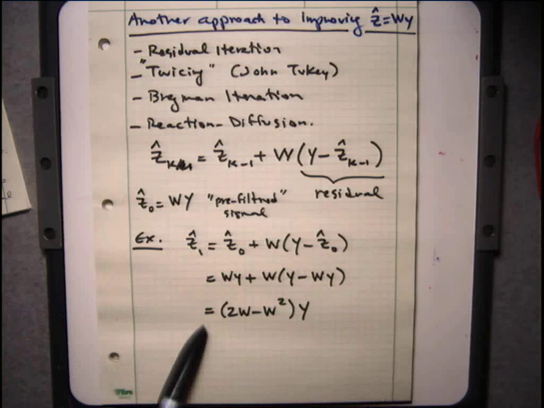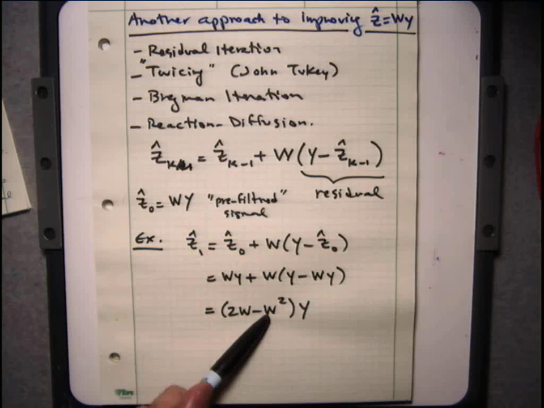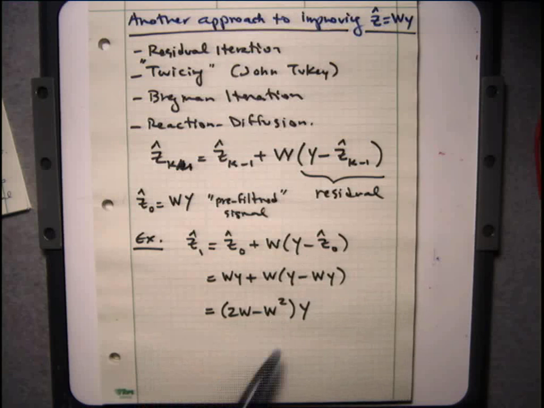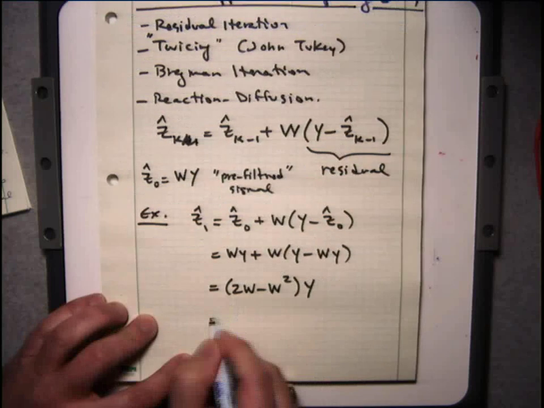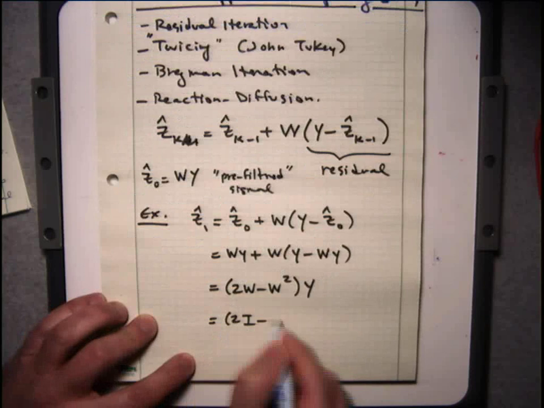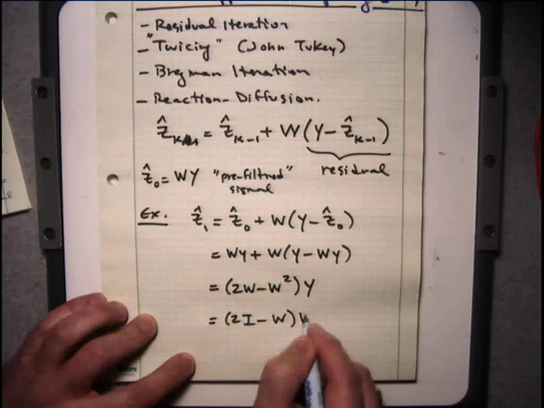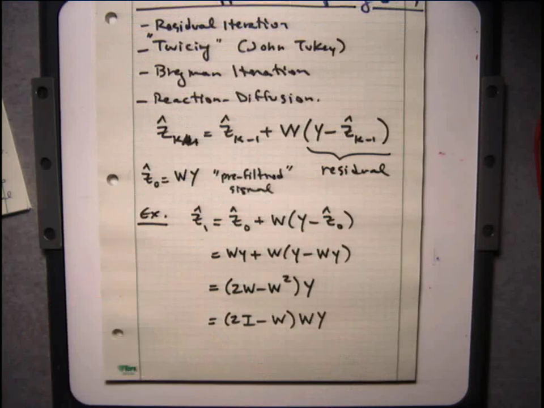Here, you're getting other polynomials. So the second iteration is not just w squared, it's 2w minus w squared. It's a polynomial that, in fact, has coefficients in front of the terms that might be negative. Yet another way to write this is 2I minus w times y. I'm just factoring things out.